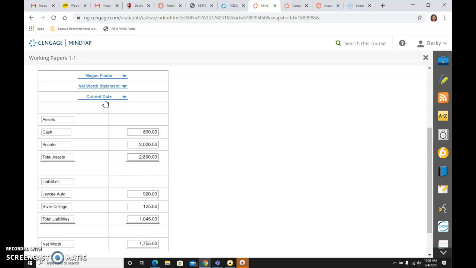So again, this is the last time we'll really talk about the net worth statement and personal assets, personal liabilities, and net worth. From here on, we're going to convert to business assets, business liabilities, and the business's equity, the owner's equity. If you want more practice on this before doing the application problem, you should do the On Your Own.